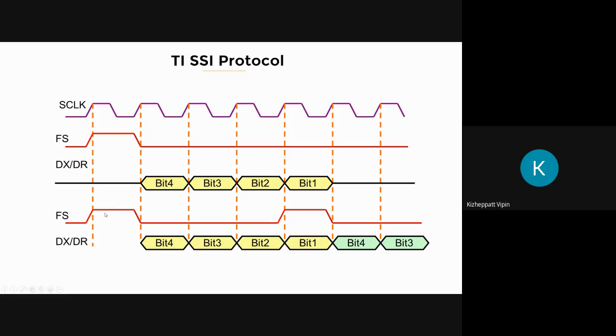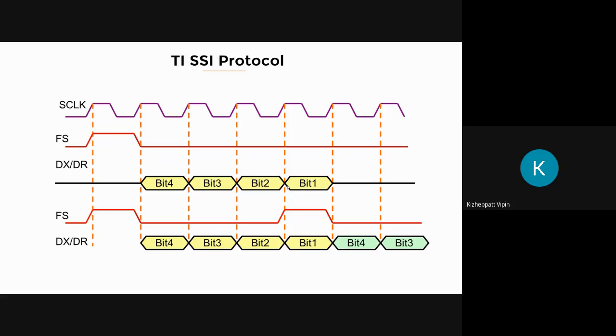Another thing here, if you see, you can have back-to-back frame transmission. See what happens. For the first frame, this will pulse, but when it is pulsing, there is no valid data. Valid data will start from the next clock. And if he is transmitting back-to-back, along with the last bit, he will pulse it again. So here you can see there is valid data. Then the next frame starts from the next clock. So here also the slave should know the frame size.